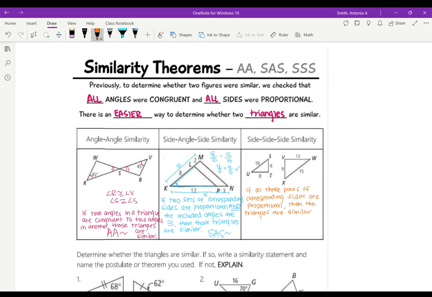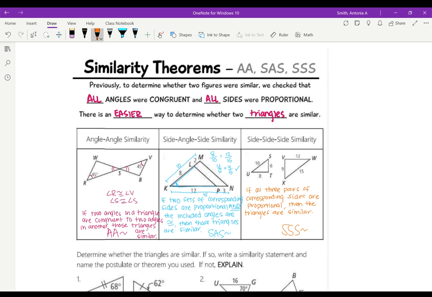Remember, similar does not mean congruent. Similar means they're the same shape, but different sizes. Okay. This is side, side, side similarity.